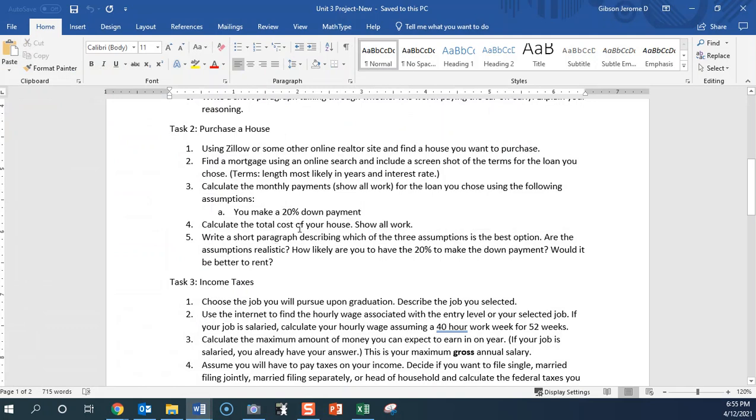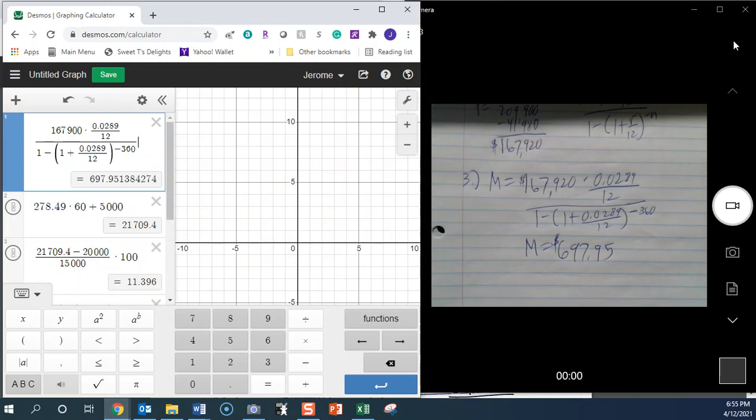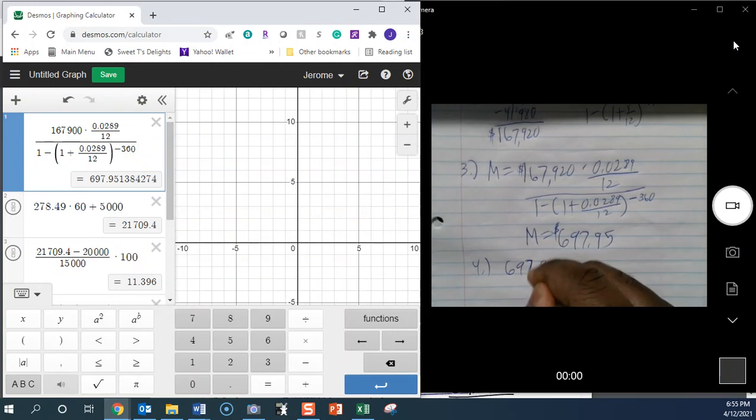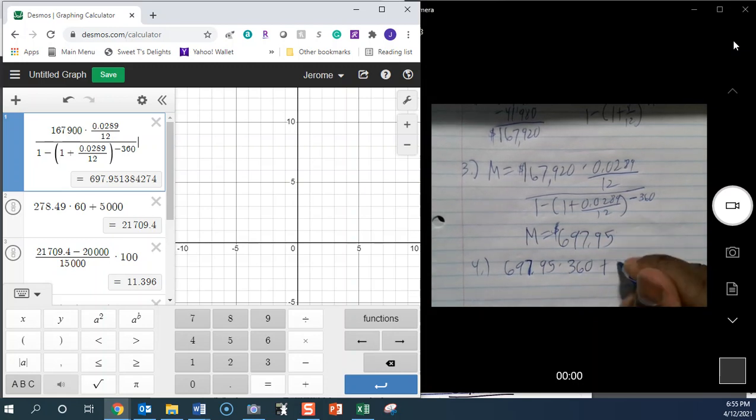Number 4, it says calculate the total cost of your house. Show all work. So with number 4, we're supposed to take the $697.95 and multiply by 360, and then we're supposed to add the down payment that we put as well.